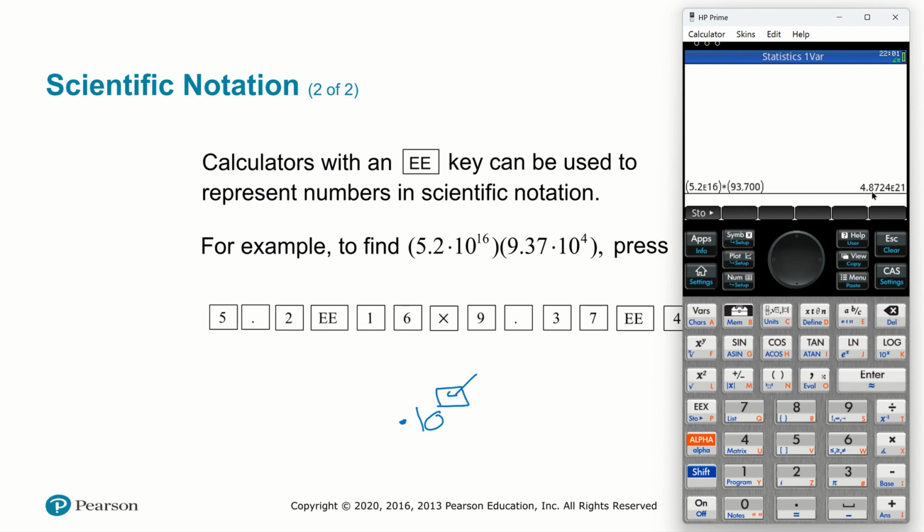And then you hit enter, and that gives you the answer also in scientific notation. So 4.8724 times 10 to the 21 is what your answer would be. Okay, so that's how you would use a calculator for scientific notation.